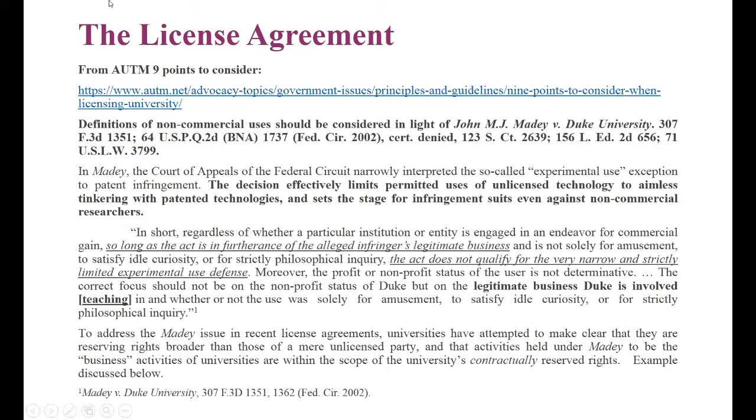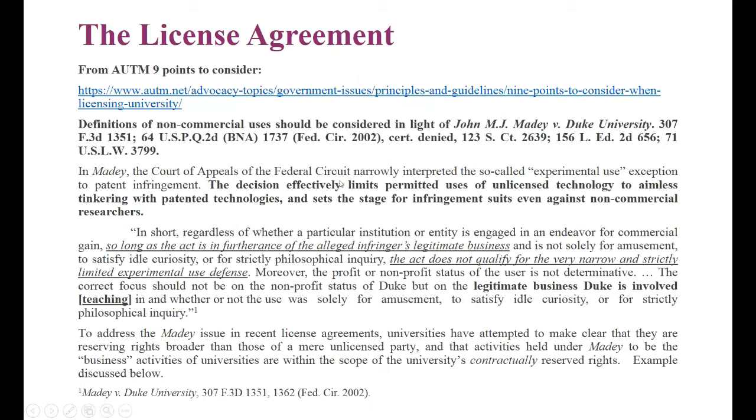So, continuing with the license agreement, I recommend to your reading the paper here at the URL that you see at the top of this chart, 9 points to consider. It's quite a nice paper. But now what I want to talk about in this chart is the case of Madey versus Duke University.